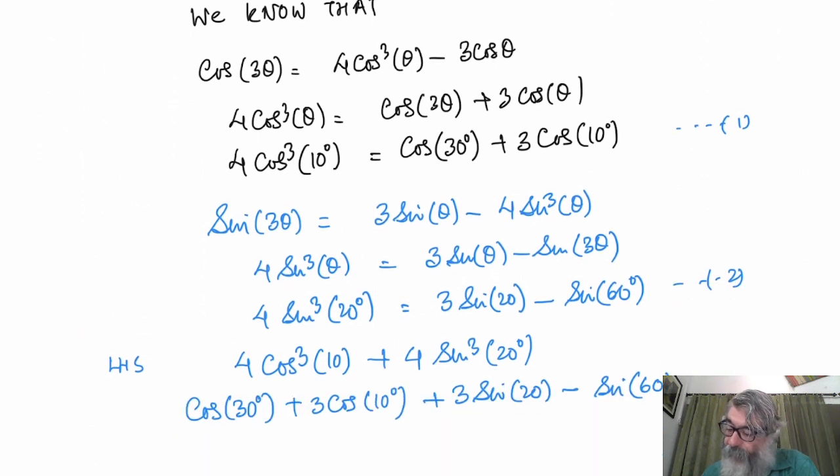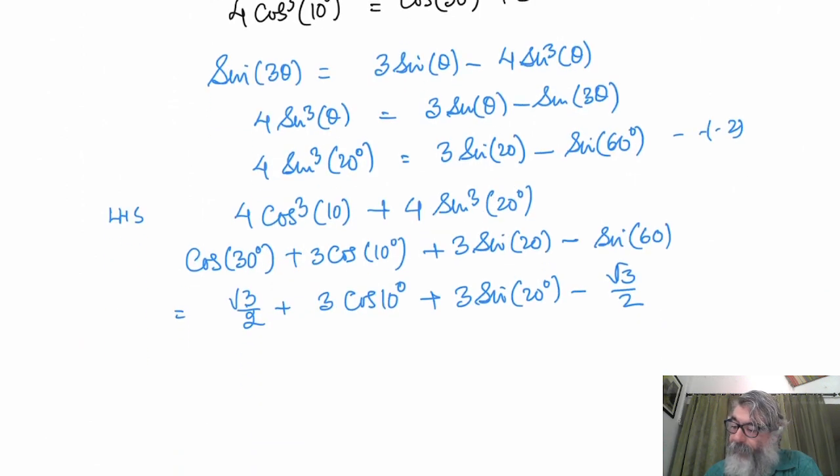The value of cos 30 is root 3 by 2, plus 3 cos 10 degree plus 3 sine 20 degree, and sine 60 is also root 3 upon 2.